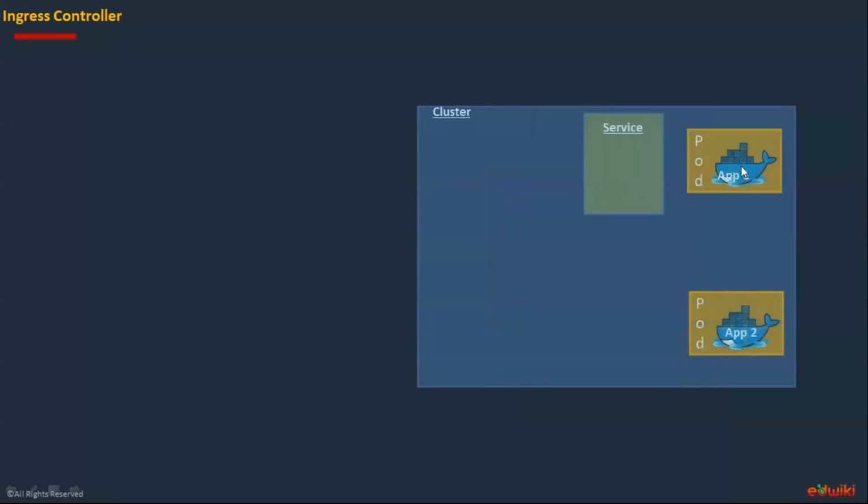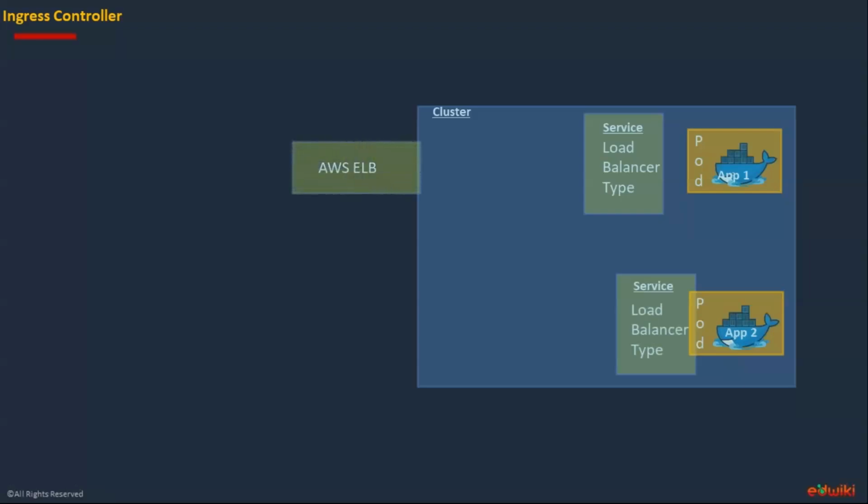Let's say you have an application 1 and this application will be accessible on one service. You have application 2 which is accessible on another service, right? So as of today, what I'm saying, you deploy the load balancer type.